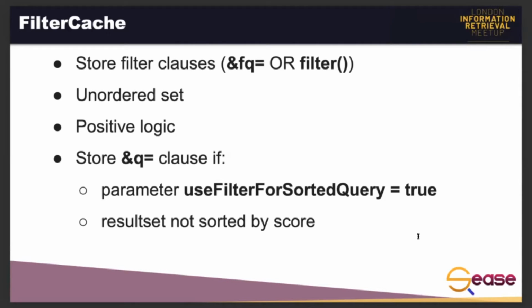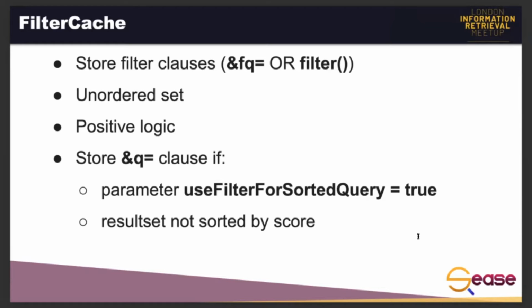It is just the result of the condition we express in the filter query. It also uses a positive logic. So considering the example before, where I don't want drama movies, in the filter cache I will get the list of drama movies. So the query will be transformed.